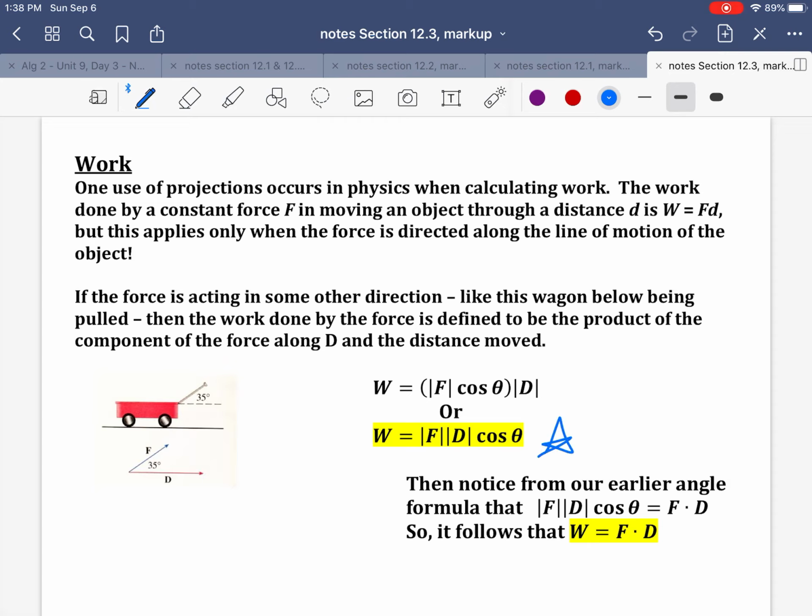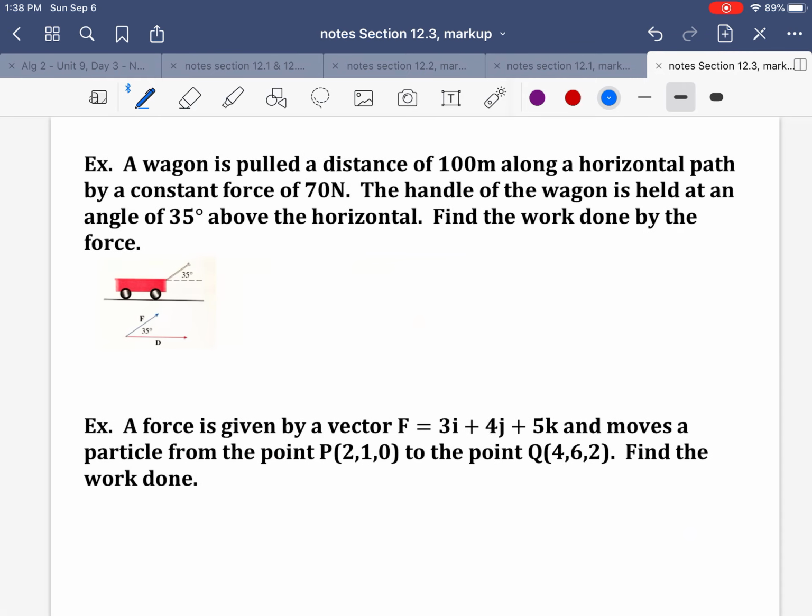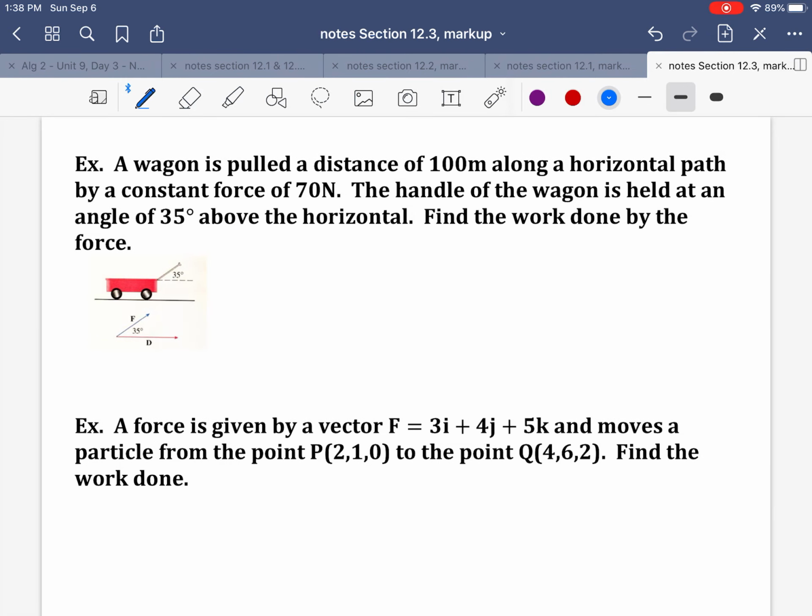When there is an angle that you're pulling at, you use that formula. When the force is acting in the same direction that you're going, you use this one right here. Okay. All right, so let's do the first one. These are our last two things to do. My work is the magnitude of my force, the strength with which I'm pulling something, times the distance that I go, and the cosine of the angle of my force.